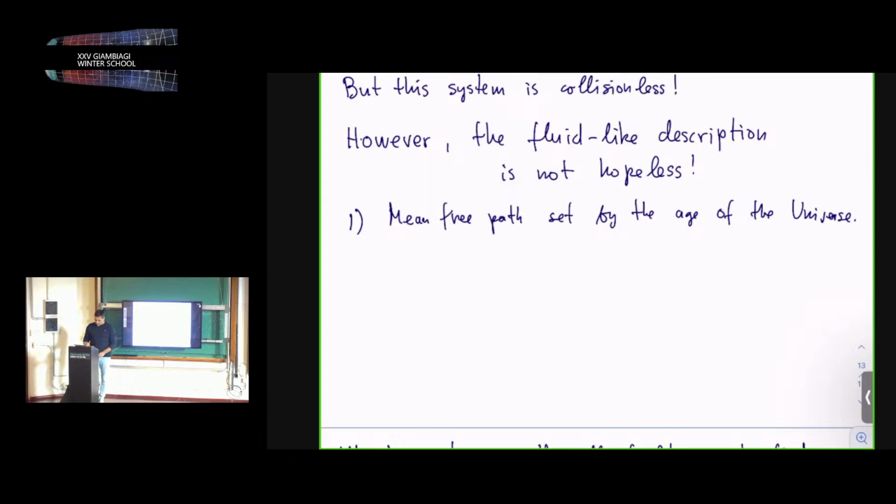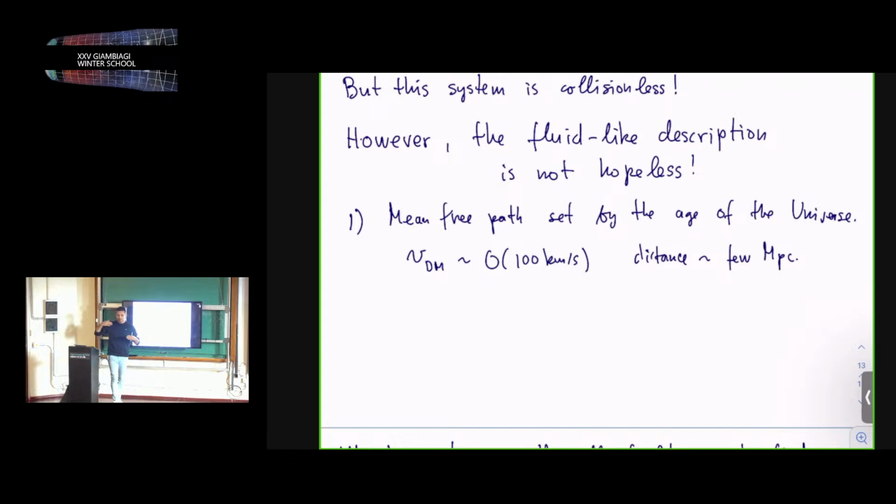In fact, if you imagine the typical velocity of dark matter particles is of the order of 100 kilometers per second, then the distance that they move within the age of the universe is of the order of a few megaparsecs. They cannot move much further than that because they're not very fast.